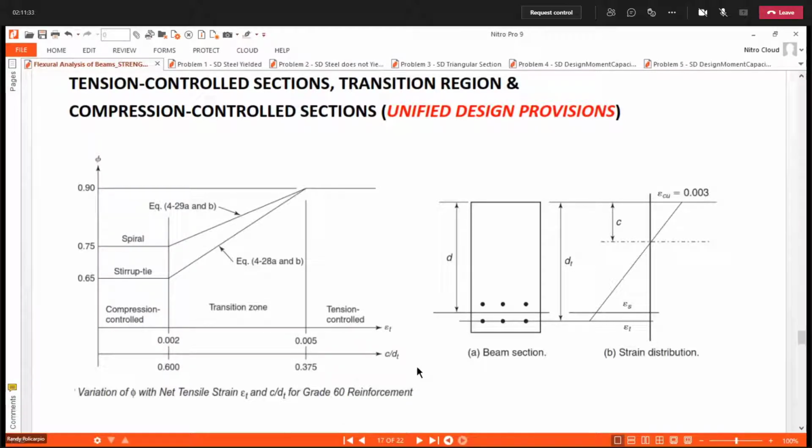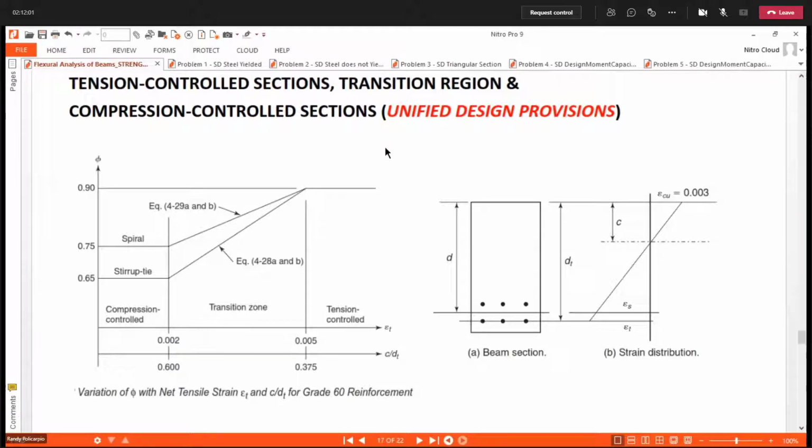Ito yung basis ngayon for the determination of the reduction factor. So we need to identify kung yung member natin ay tension controlled section, kung nasa transition zone yan or transition region, or if our member is a compression controlled section.